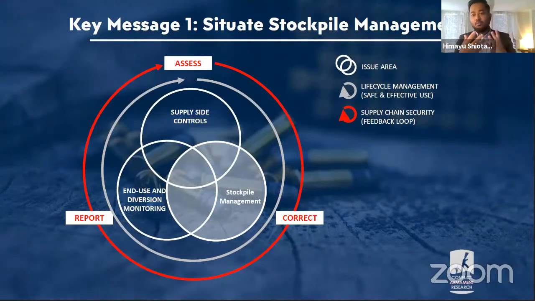Once the item is received on the recipient side, there are measures that states put into place to secure those items, but it doesn't necessarily end there either. There are monitoring, governance, and oversight mechanisms that states typically have at the national level to make sure that those items are secure and not diverted. And those measures, which I'll elaborate on further, will feed into the considerations and dialogues that the parties involved in a transfer could have on the supply chain control side.